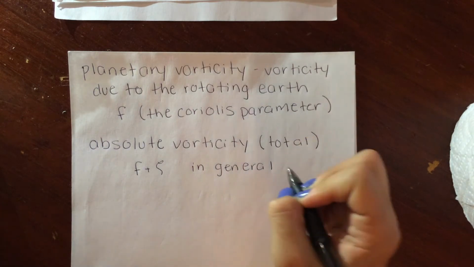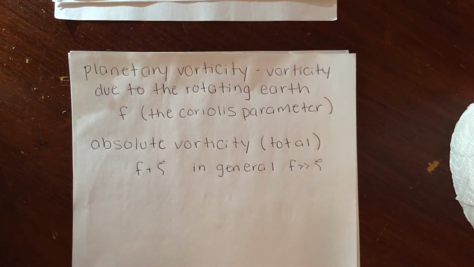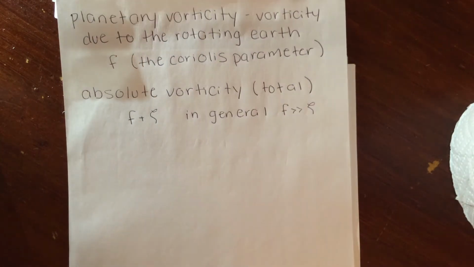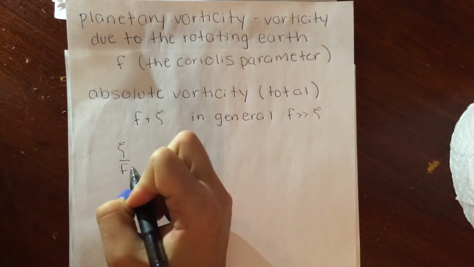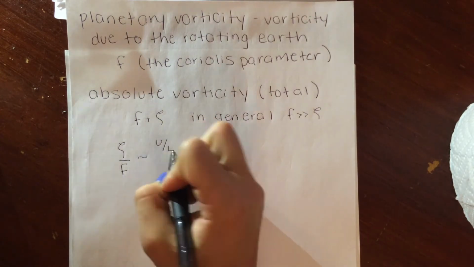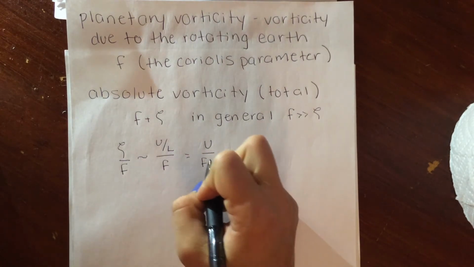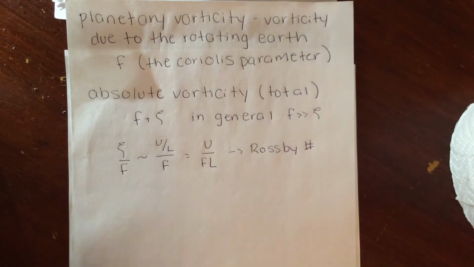In general, our planetary vorticity is going to be much larger than the relative vorticity. And we can see that if we compare the relative vorticity to the planetary vorticity by scaling, this is equal to U/L divided by f. This is equal to U/fL, and I hope by this point you recognize that as the Rossby number.